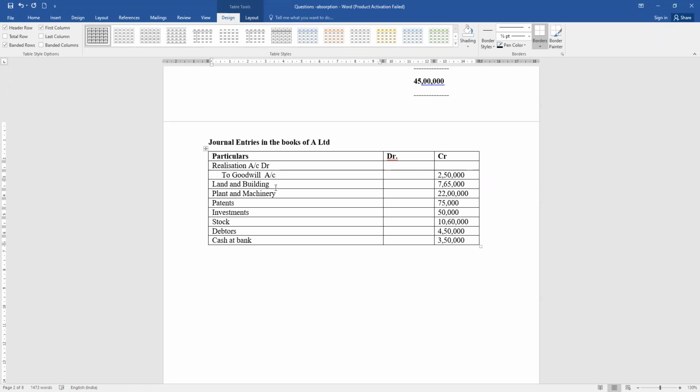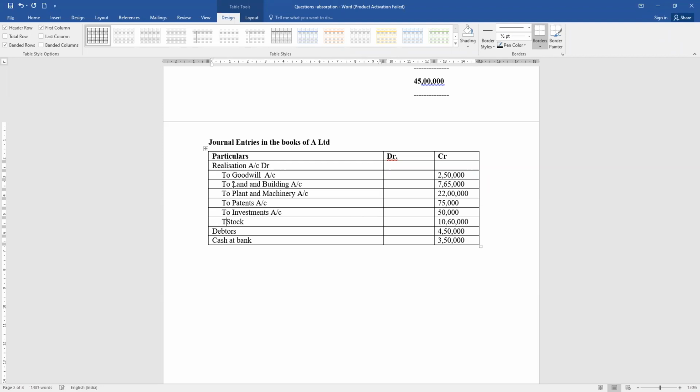Goodwill account is 2,50,000. Then to land and building account, that is 7,65,000. Then to plant and machinery account, 22 lakhs. Then to patents account, 75,000. Then to investment account, 50,000.